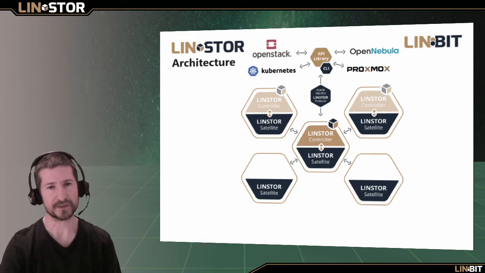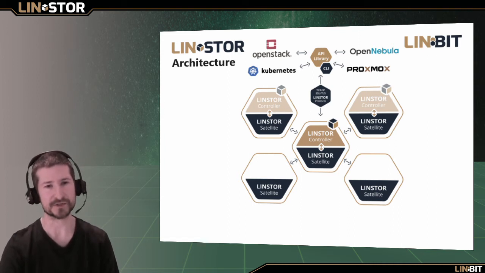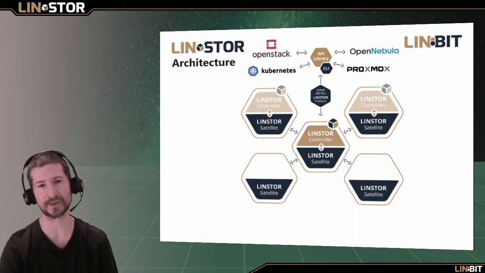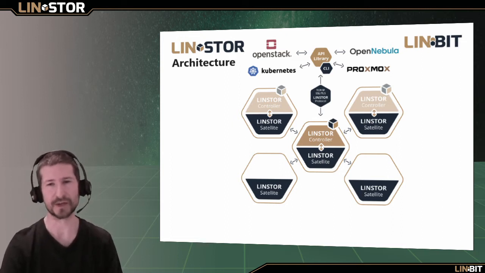Connectors integrate LINSTOR into various platforms, so you normally don't see LINSTOR. Instead, you'll just click New VM, specify the size of its volume, and then hit OK, and predefined profiles in LINSTOR will create a volume with certain settings and a certain number of replicas.